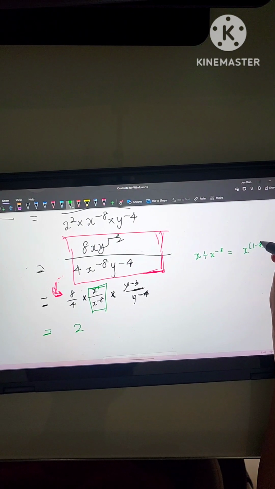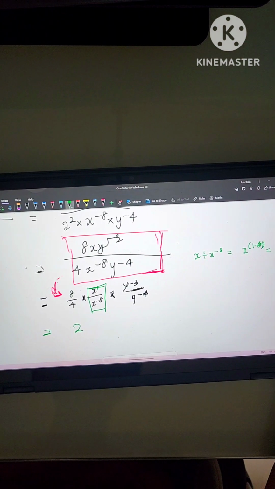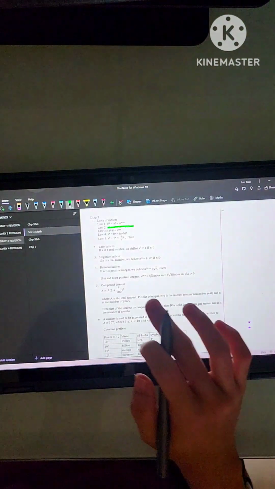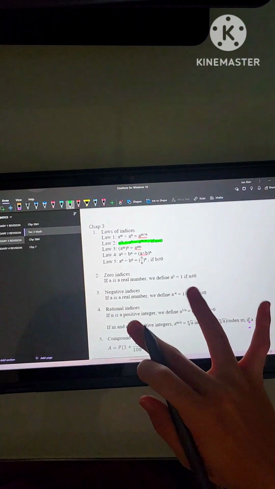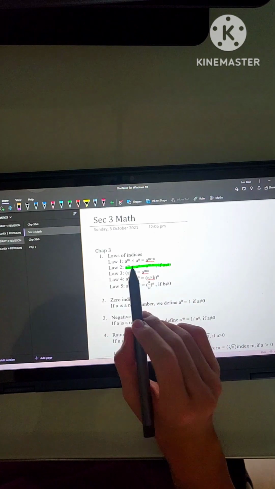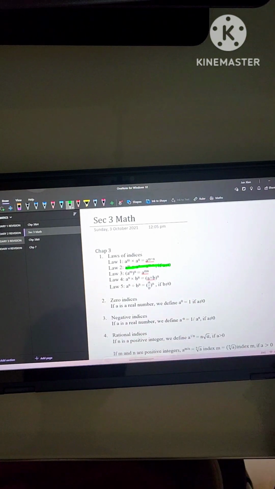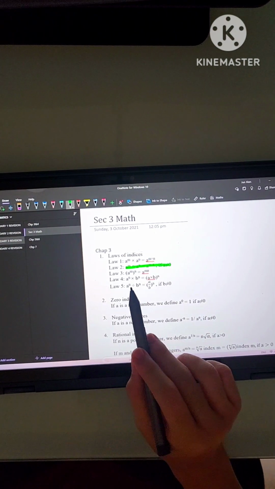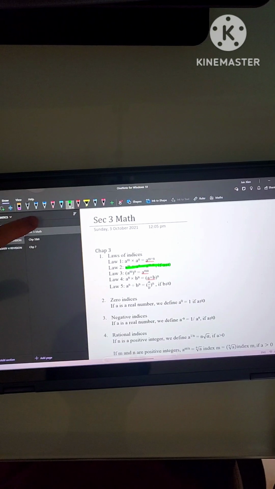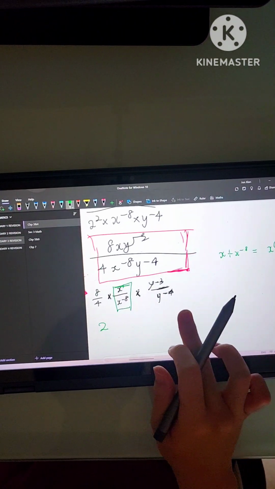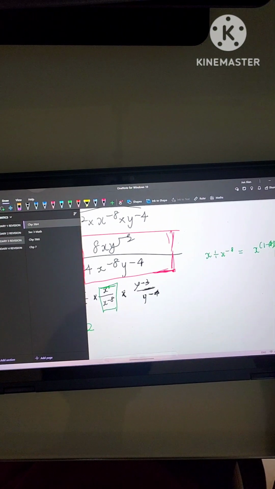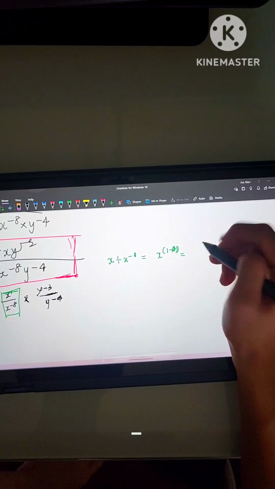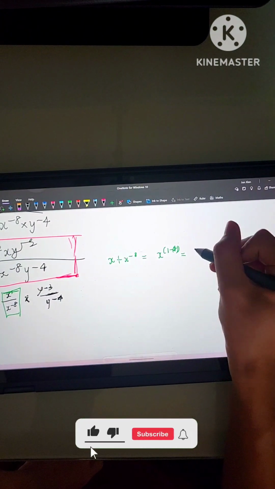The power minus the other power, considering that they come from the same base, which in our question is x. So it will be 1 minus negative 8, which is x to the power of 9, right?